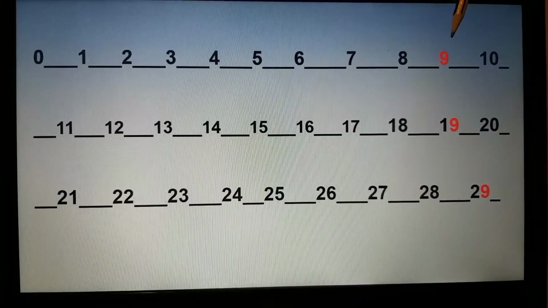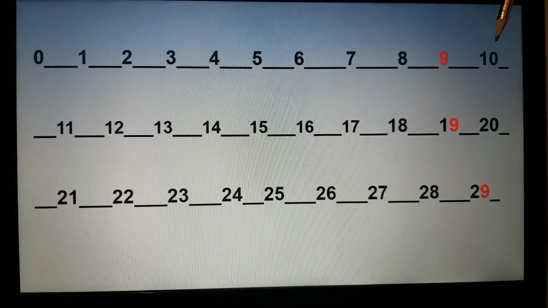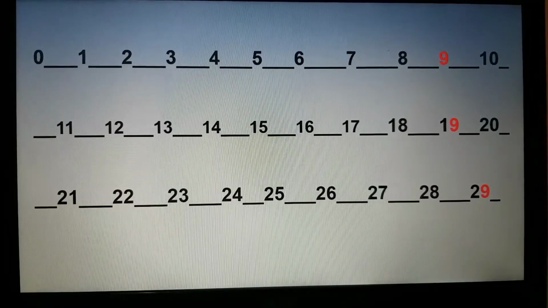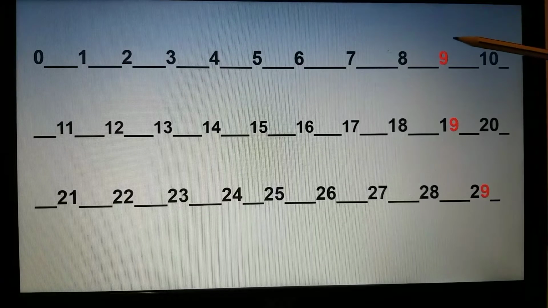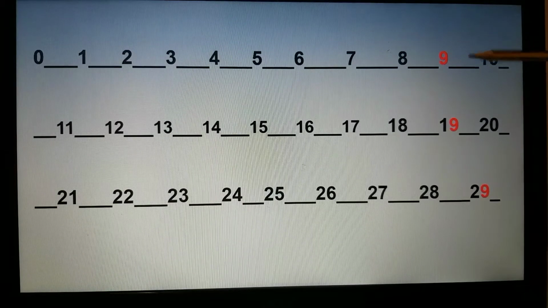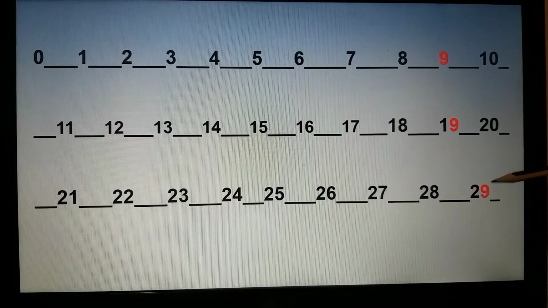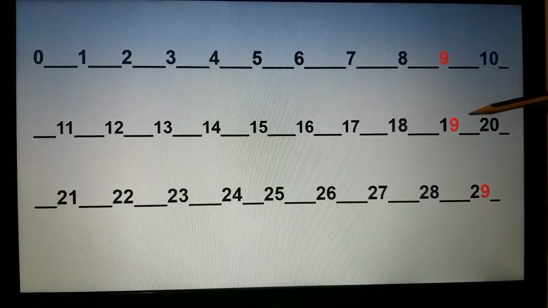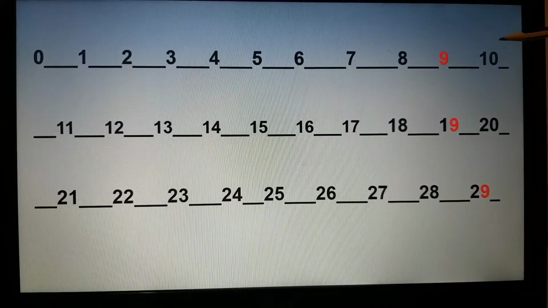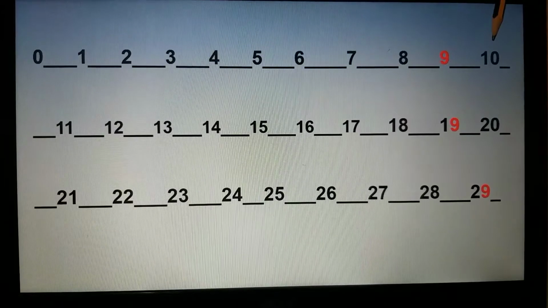When we reach 9, you see it changes into 1, 0, which you already know is 10. The other thing you can notice on this number line is that the largest single digit is 9. So after every 9, it changes to 10, and the single digit turns into 0.